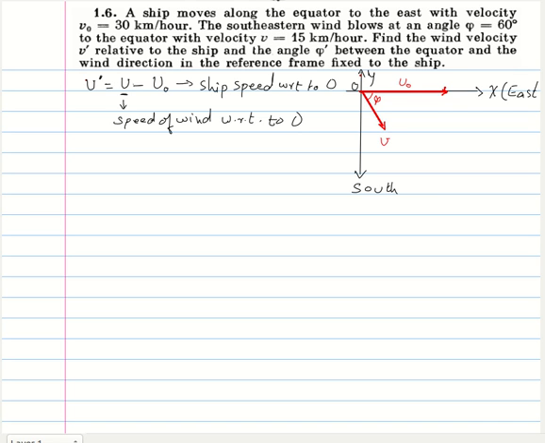So remember that this is a vector calculation. So what is v minus v naught? This is v, this is v naught.